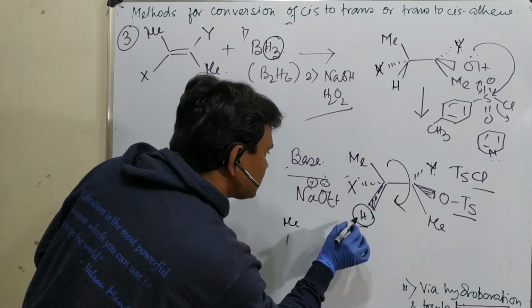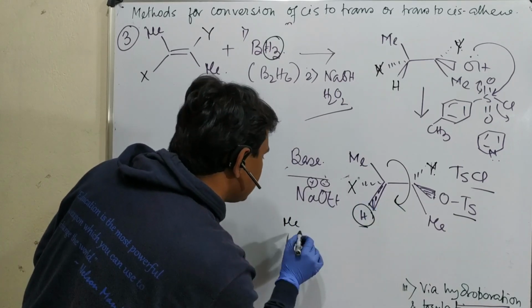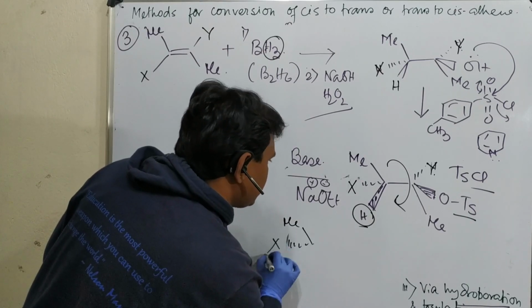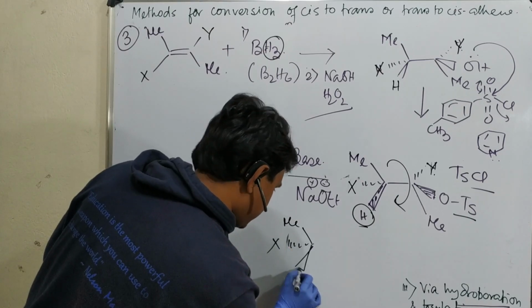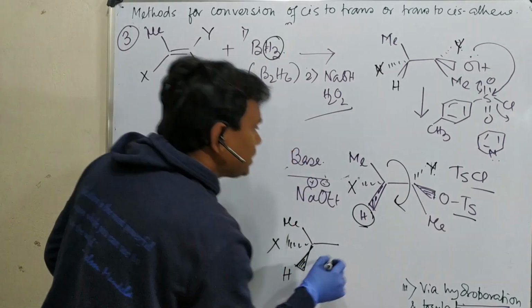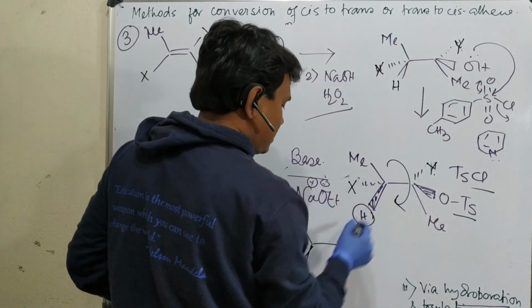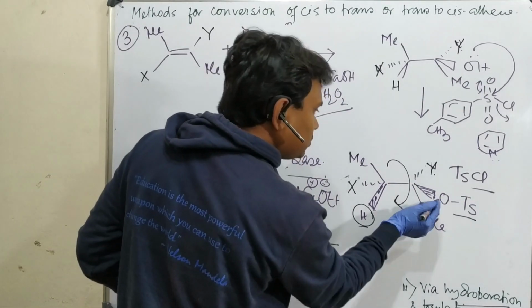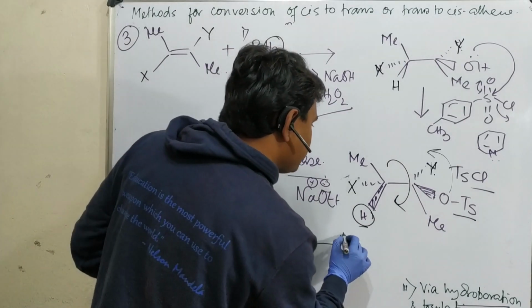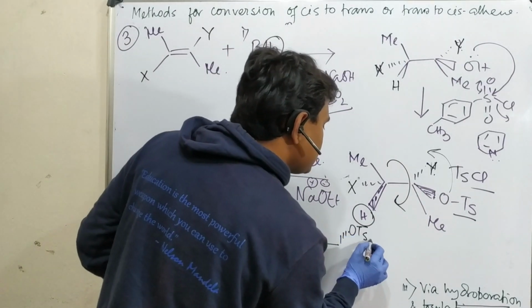Let's keep this part the same, methyl, X, because only hydrogen is abstracted, this is the H, fine. The other part, rotate means it goes to the back. You can think of rotation in this direction. So what is back means OTs.